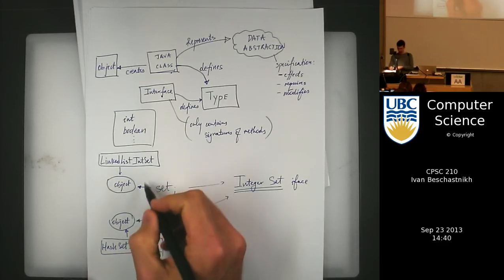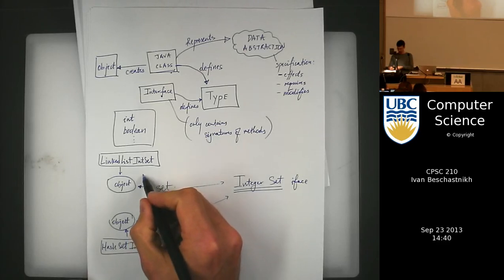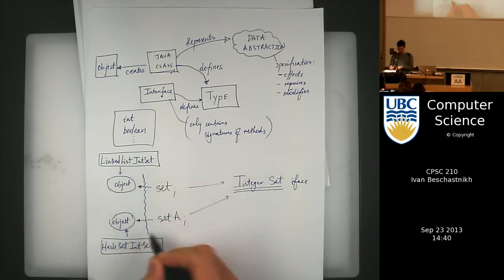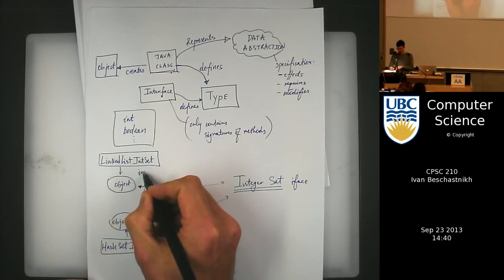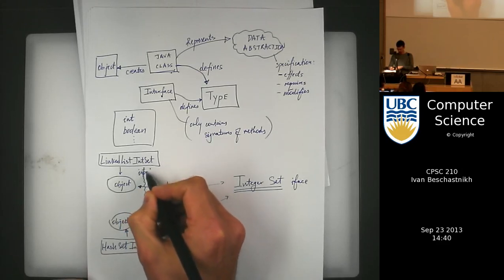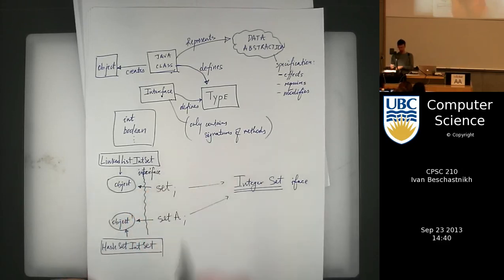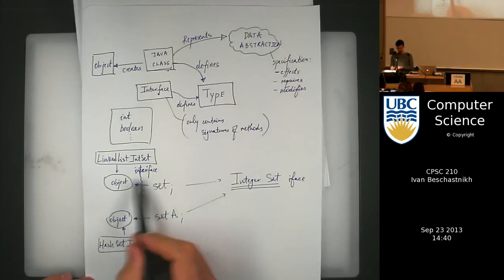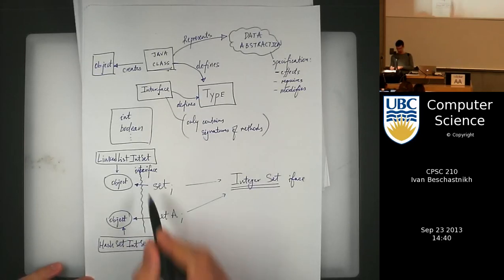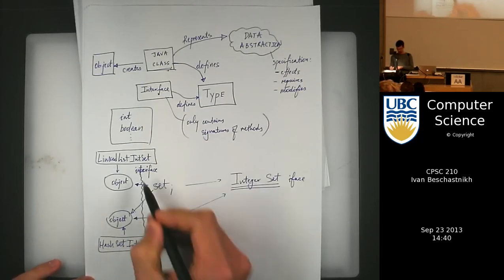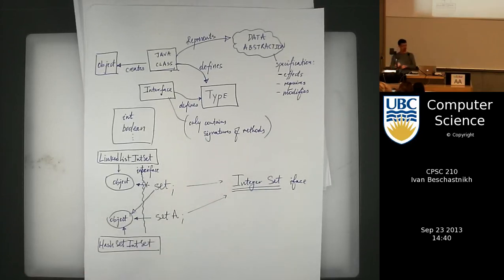In some sense, both of these share a kind of filter, and this filter is the interface. This filter constrains what they can see and what they cannot see. But because both of these objects implement the same interface, I can actually have set point to this other one. So I can change what it points to at runtime, and that's what I'm doing here.